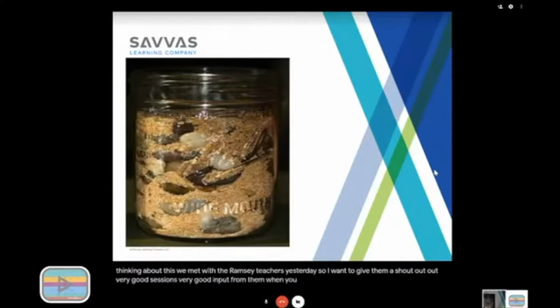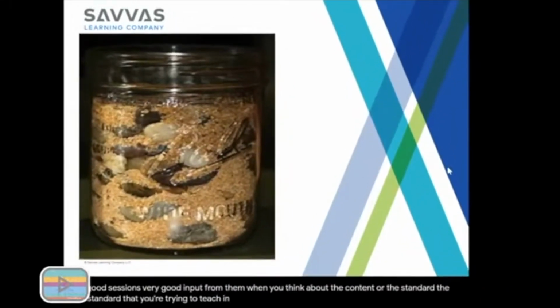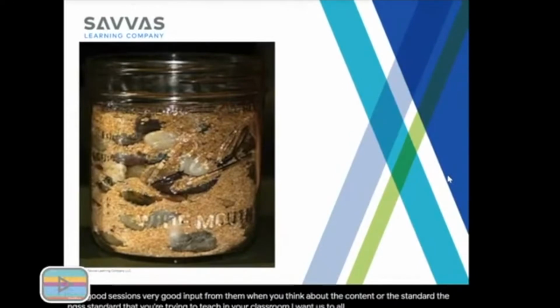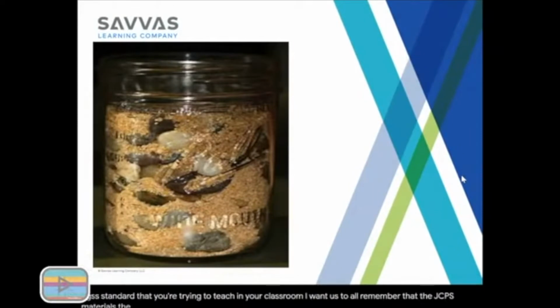When you think about the content or the standard, the NGSS standard that you're trying to teach in your classroom, I want us to all remember that the JCPS materials, the modules that have been developed and so, well done, those are the bigger boulders or the rocks that you're filling your jar with.